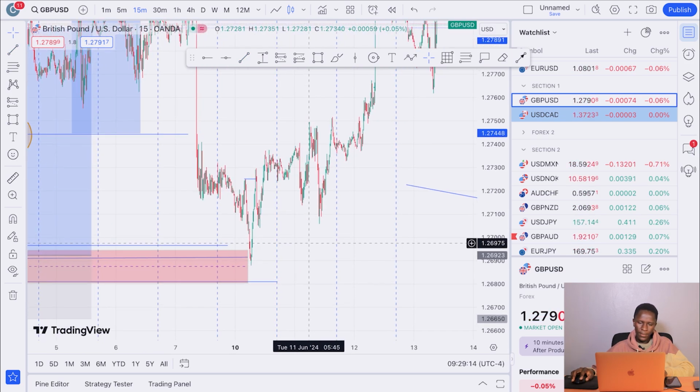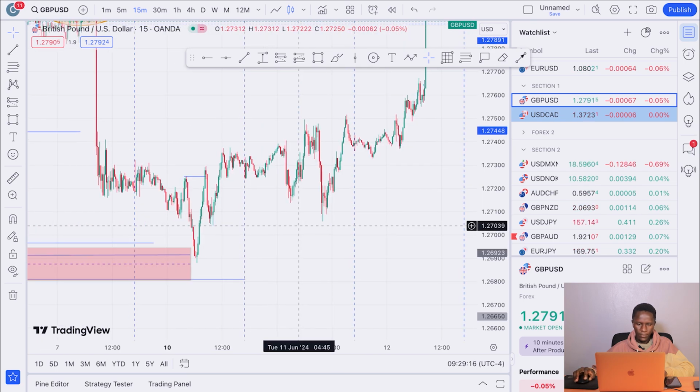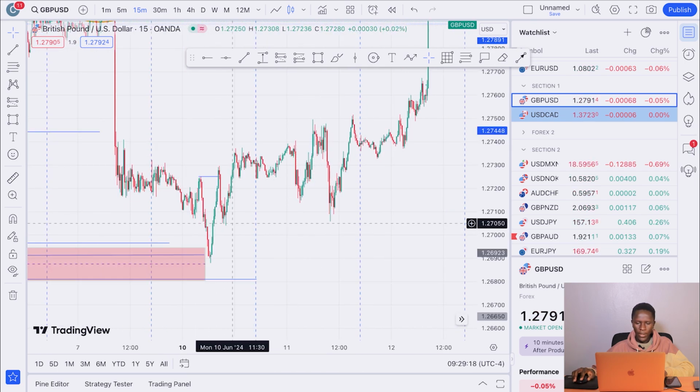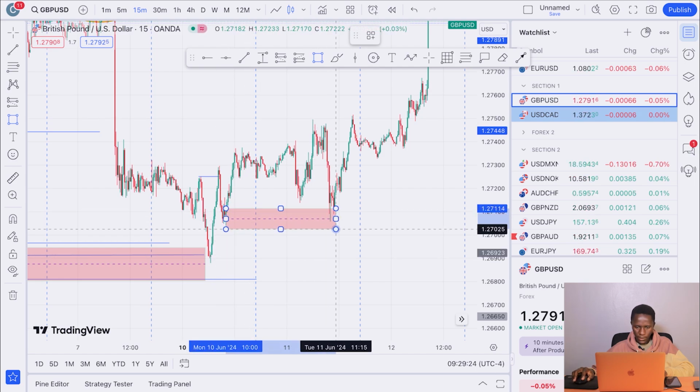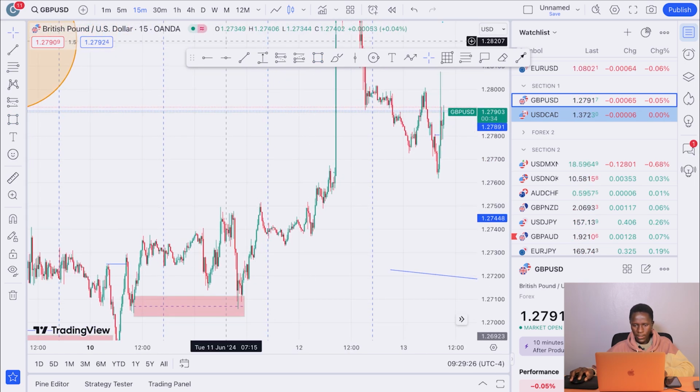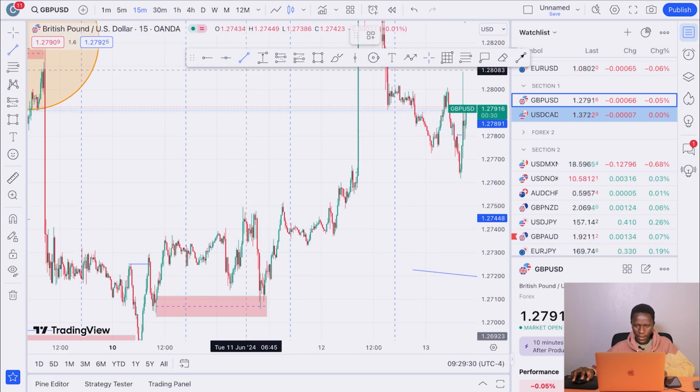After choking, we expected the market to go higher. The market came back and had to mitigate this. It kept on going higher and higher.